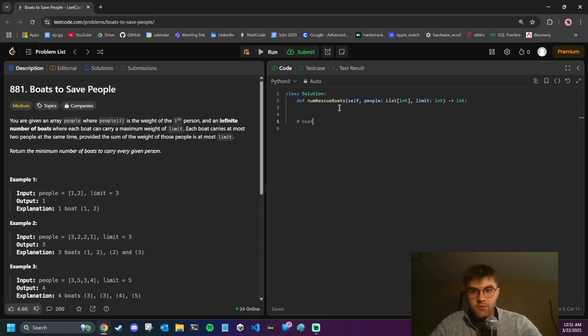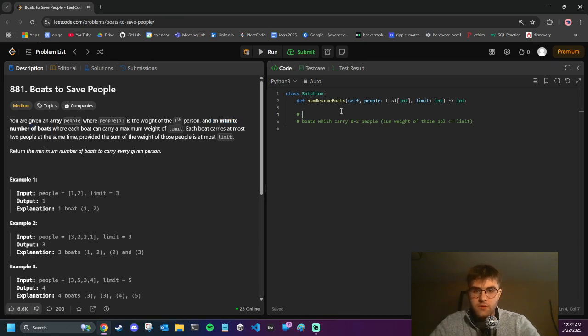Okay, so we have boats which carry between 0 and 2 people, but the sum weight of those people must be less than or equal to the boat limit. And we want to return the minimum number of boats. We are given an infinite number of boats.